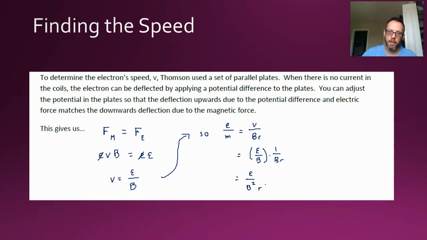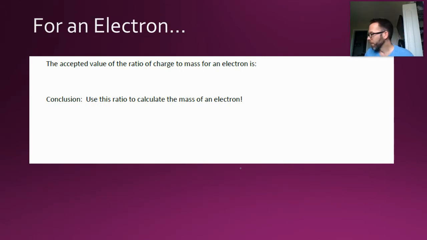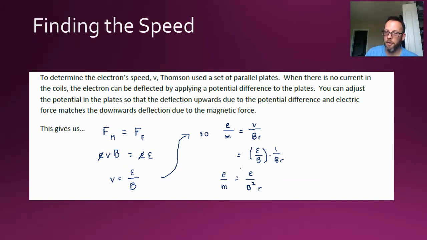So we're getting closer. We know the charge, we know r. If we could figure out the field strength inside the parallel plates, we'd have everything we need. So we've got our derivation for e over m. If we know ε, we know the magnetic field strength, we know r, we can calculate this ratio.